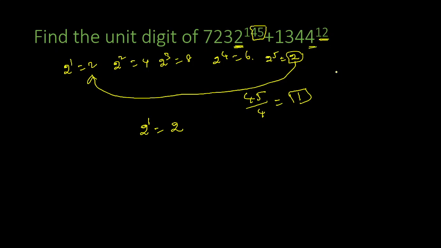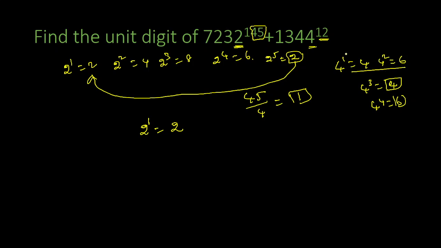You know that 4 forms a cycle for every 2 powers. 4 to the power of 1 is 4. 4 squared is 16, and we take 6 as the unit digit. 4 to the power of 3 is 64, and we get 4 as the unit digit. 4 to the power of 4 will again be 6.